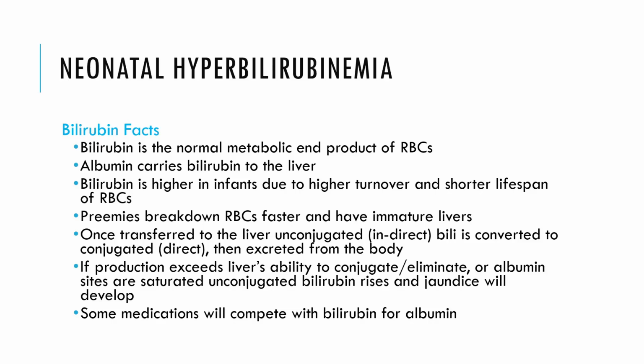If production exceeds the liver's ability to conjugate or eliminate bilirubin, or the albumin binding sites are all saturated with unconjugated bilirubin, the level will rise in the blood and you will have jaundice develop, right?